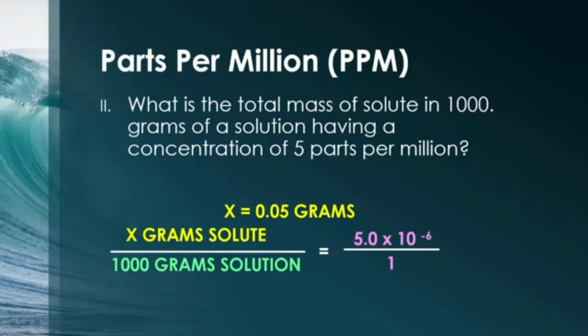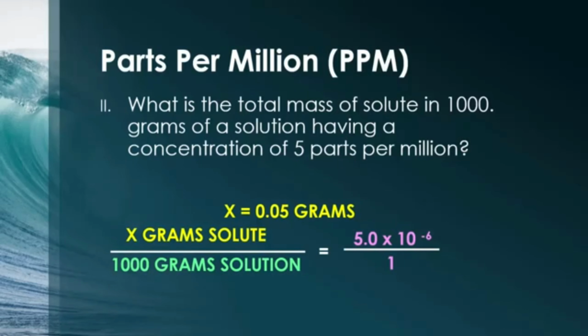Now occasionally, the concentration of a solution can be represented in either percent by mass or percent by volume. For both of these, we're going to use the percent composition formula where we're going to take the part divided by the whole times 100.